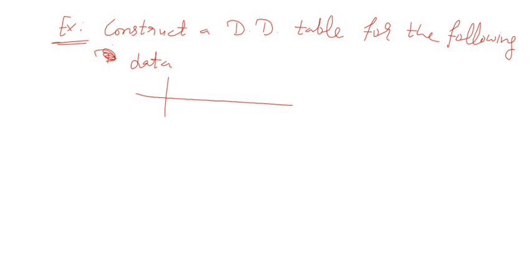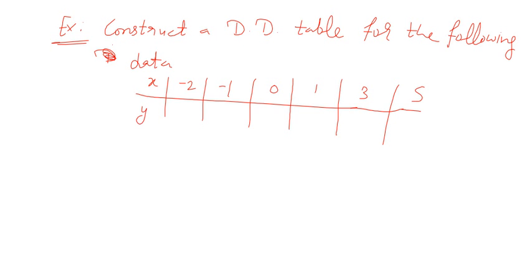Let's say the x points are -2, -1, 0, 1, 3, 5, and the y points are 0, 1, 2, 17, 8, 67, and write the corresponding Newton's polynomial.